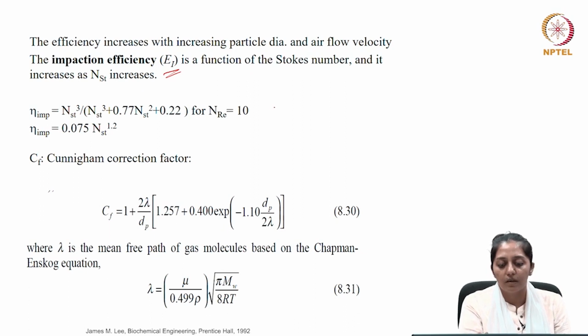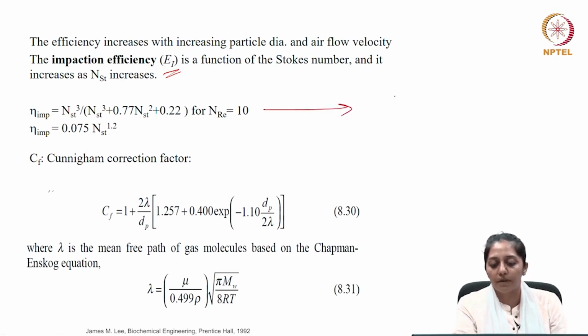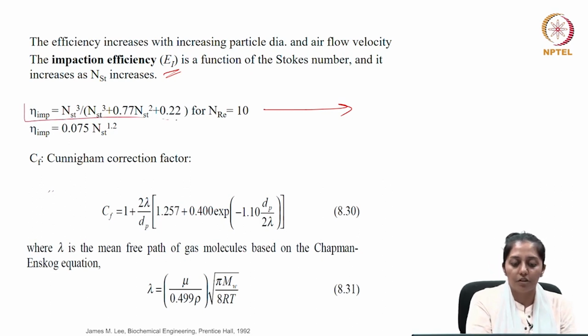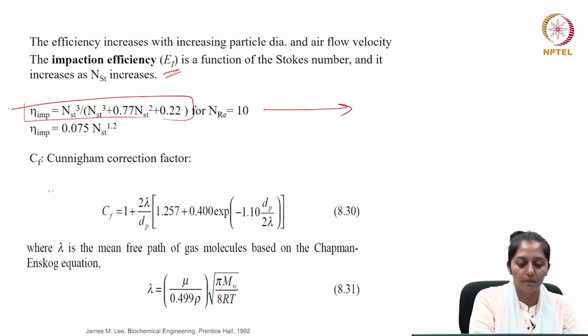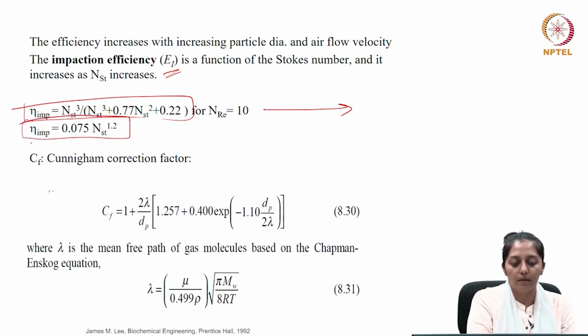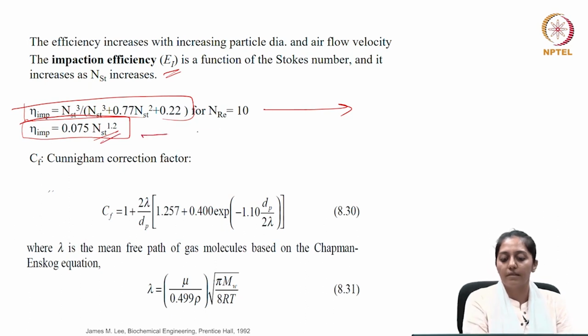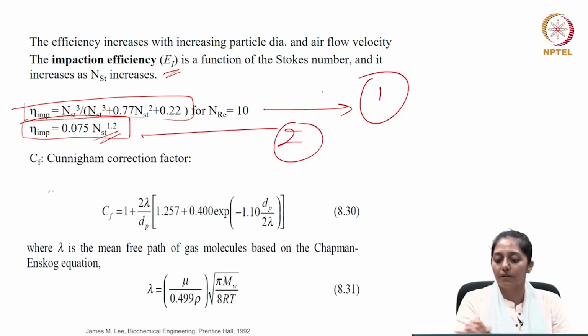Here, for Reynolds number equal to 10, an empirical relationship for the inertial impaction efficiency is given in terms of Stokes number, and for other than 10, the efficiency of impaction is defined by the second empirical equation.